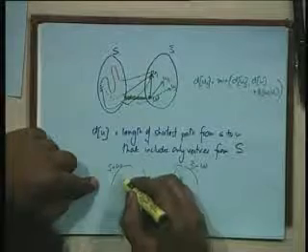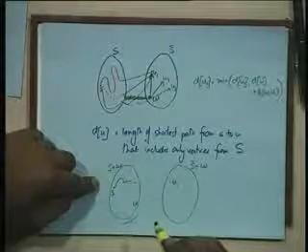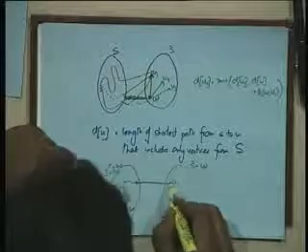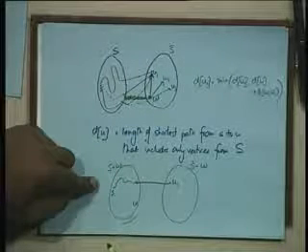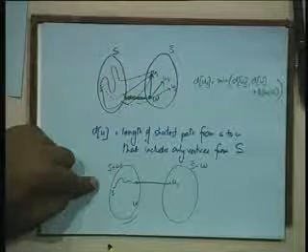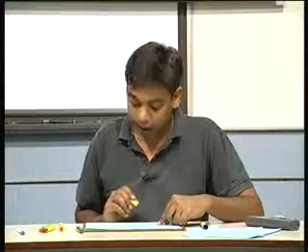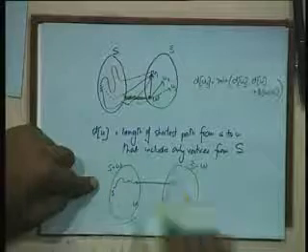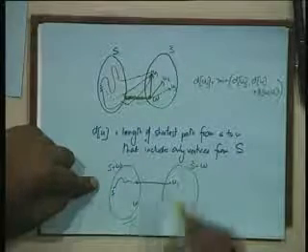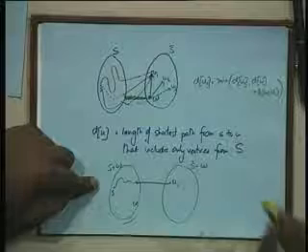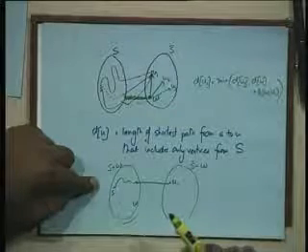So, either the paths do not include vertex W at all and they go directly like this, right. Either they do not include vertex W and go directly like this, but then the length of such a path is already captured in the earlier value of D of u1, right.